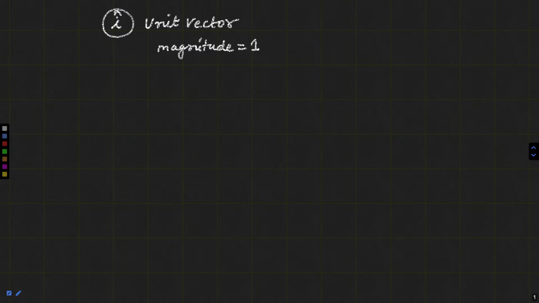Suppose we have a vector a. So the unit vector representation is a vector divided by the mod of a vector, giving a cap. Here a cap is the unit vector. Cap represents the unit.